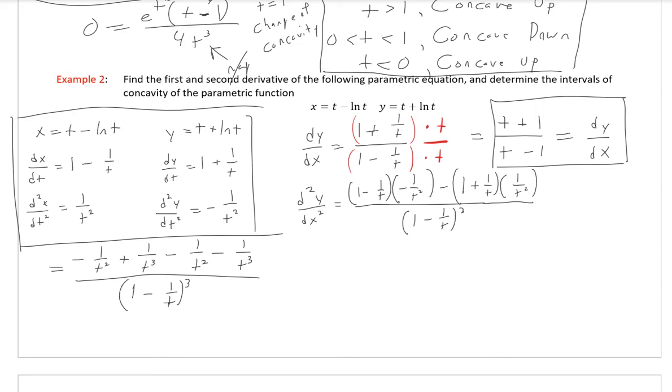We'll deal with that in a moment. We see this minus 1 over t cubed cancel with that one. Overall, we get negative 2 over t squared all over 1 minus 1 over t quantity cubed.